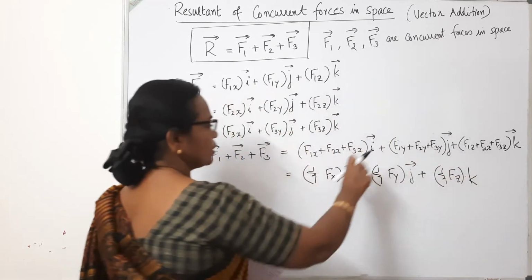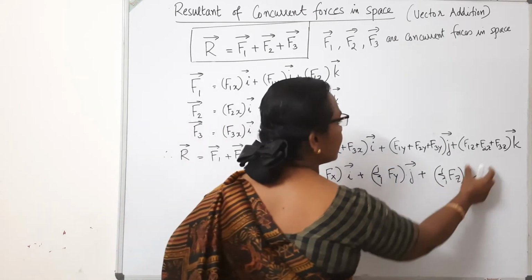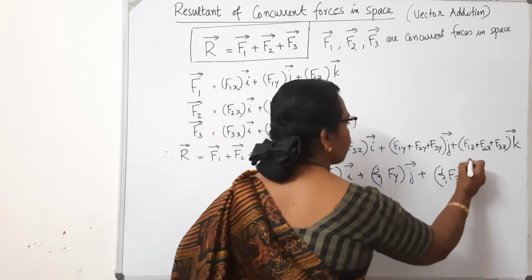So this will be put together as sigma Fx i, sigma Fy j, sigma Fz k.